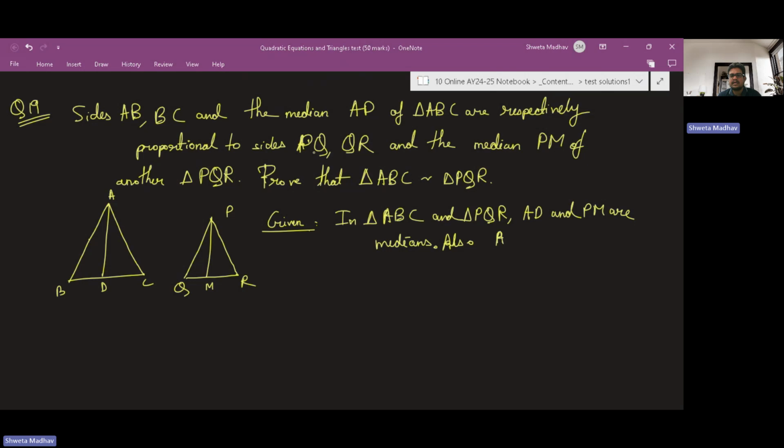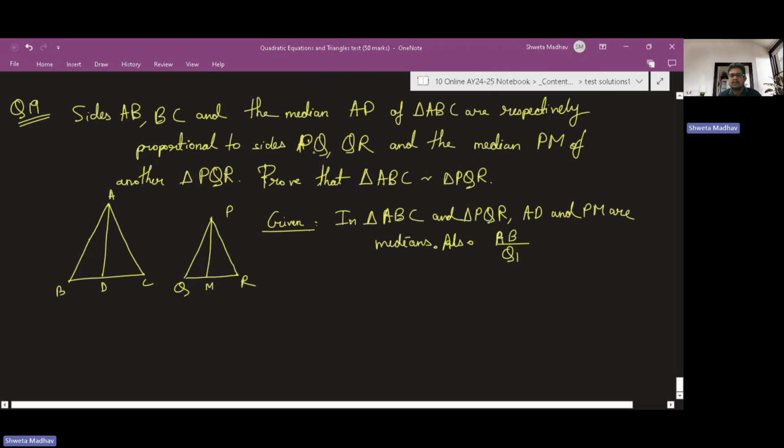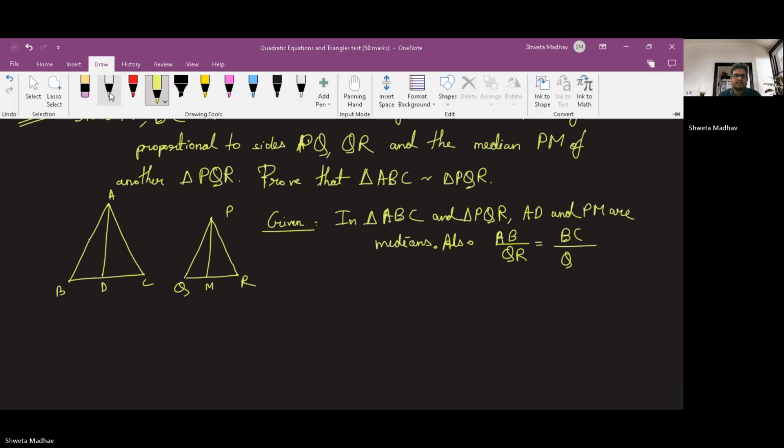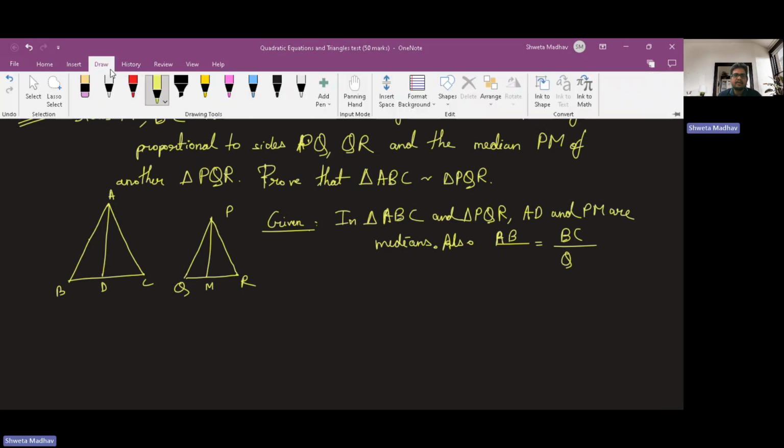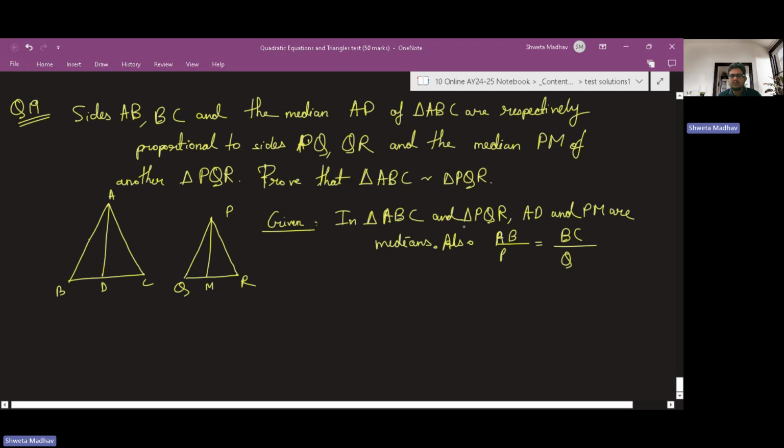It is given that AB by PQ is equal to BC by QR, that is equal to AD by PM.